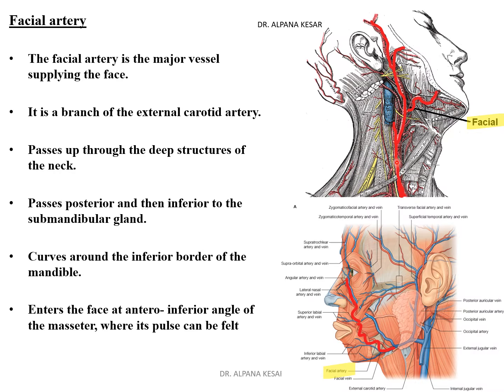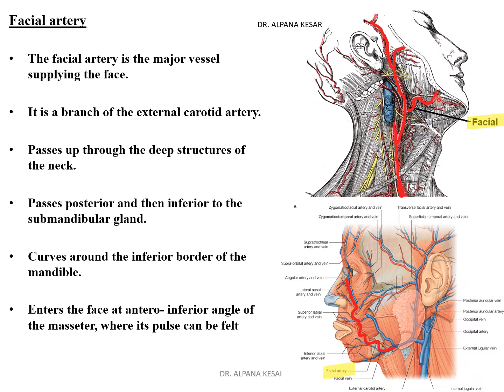The artery here is common carotid artery, which divides into internal carotid artery and external carotid artery. Facial artery arises as a branch of the external carotid artery. It passes through the structures in the neck to reach the submandibular salivary gland. It forms an S-shaped curve around the submandibular salivary gland to reach the lower border of the mandible.